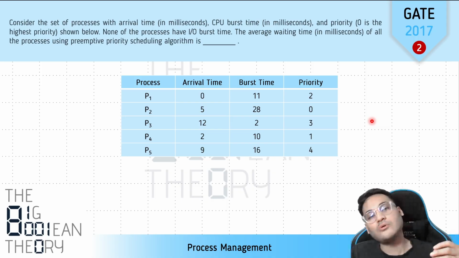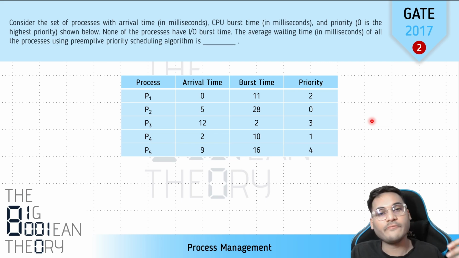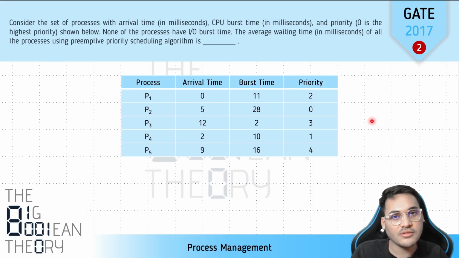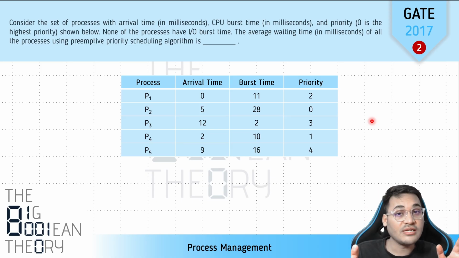If you look at the time that is spent by a process in a given system, there are two types of time: the burst time and the waiting time. Either the process is executing on the CPU, and that portion of time is considered burst time, or it is not executing on the CPU, in which case it is either waiting for the CPU or it might be blocked.